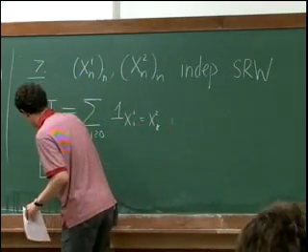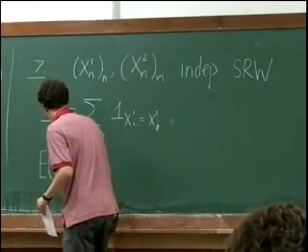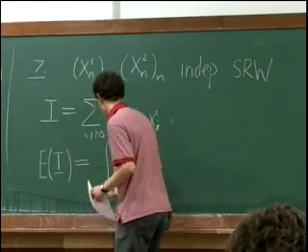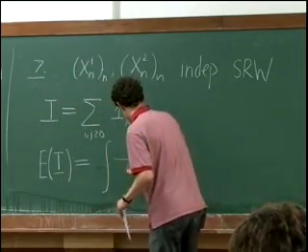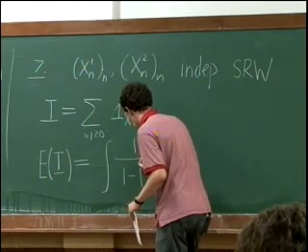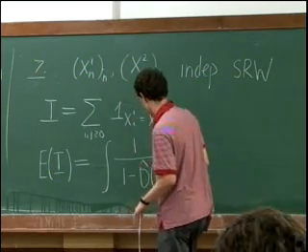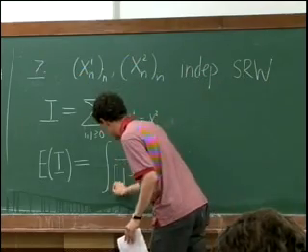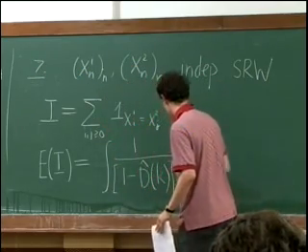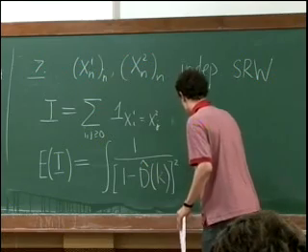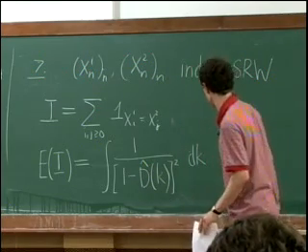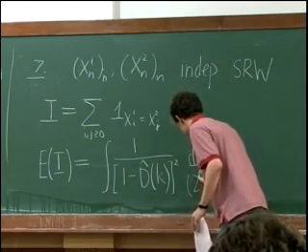And we note that the expectation of I can be expressed in terms of the integral of 1 over 1 minus d hat of k as before, squared, dk. I guess it's a 2 pi over d here.